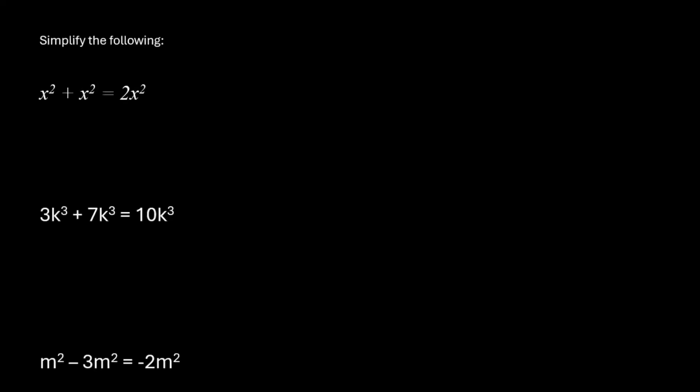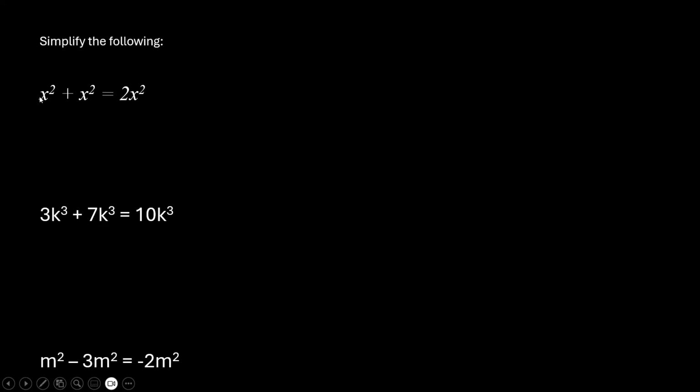So again, we have 3 questions here where we are being asked to simplify the following. This time, I have attached the variable with indices, right? So x squared plus x squared will give us 2x squared. This 2, as we know, is x to the power 2. 2 is the power or the index or the exponent.